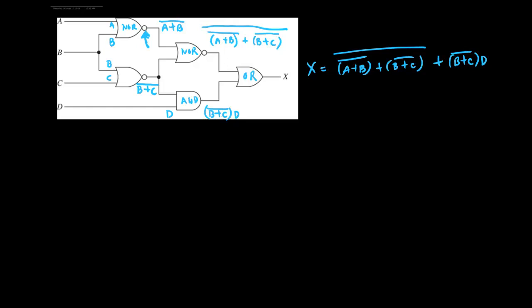So let me switch pen color here. If I'm going to simplify that, I'm looking for patterns that fit this form. I want to use what's called De Morgan's theorem.